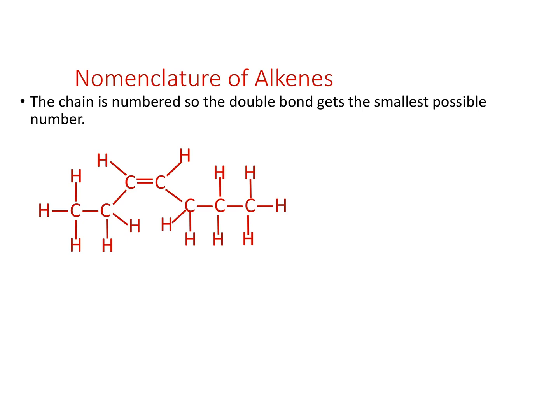Well, the first thing we want to do is determine the length of the longest carbon chain, right? Number one, what's the longest carbon chain? And then after we find that, we want to count the chain in a way that gets the double bond to have the lowest number possible.